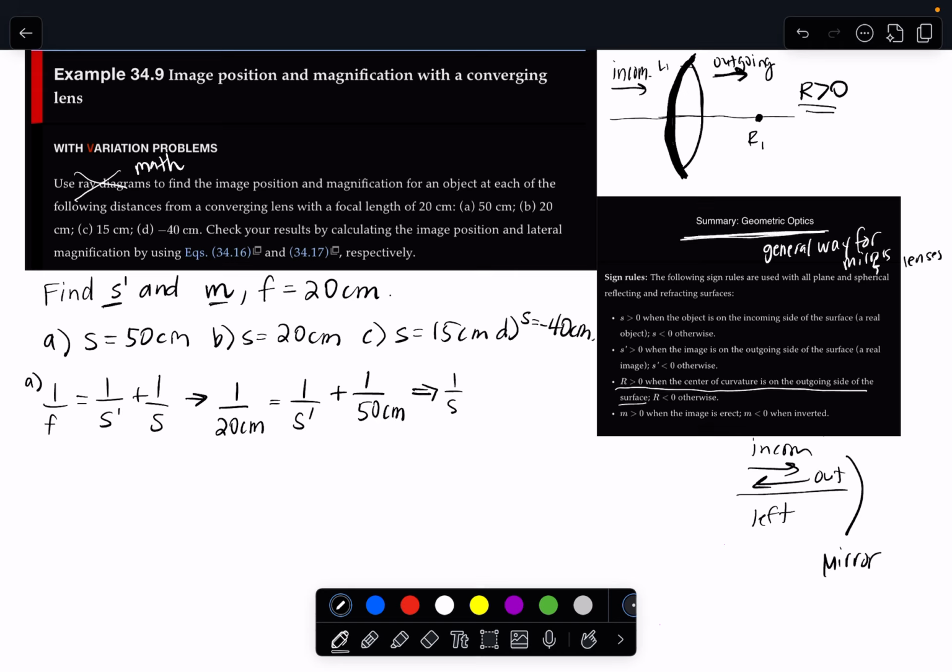So our 1 over S prime is going to be 1 over 20 minus 1 over 50. It's going to give us a positive number because 1 over 20 is bigger than 1 over 50. And that gives us 0.03. So that means S prime is 1 over that.